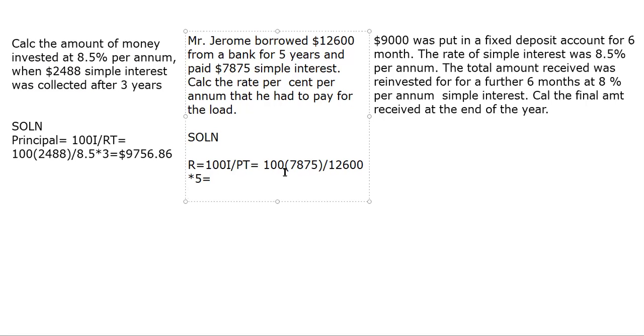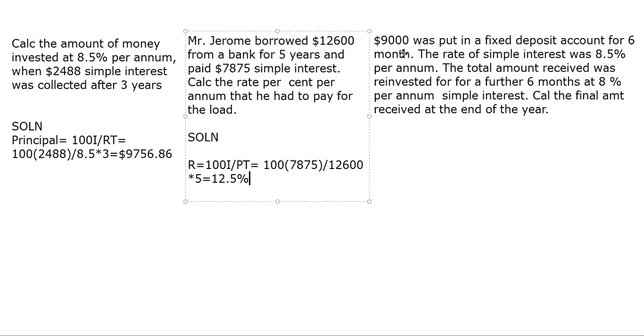Now that will be 7875 multiplied by 100 divided by 12,600 multiplied by 5, 12.5%, right?